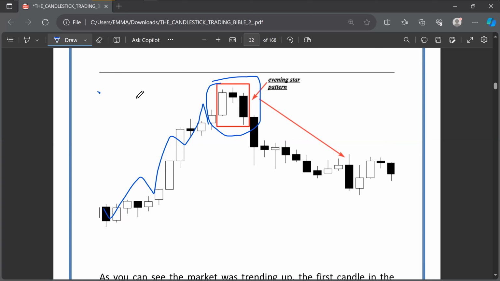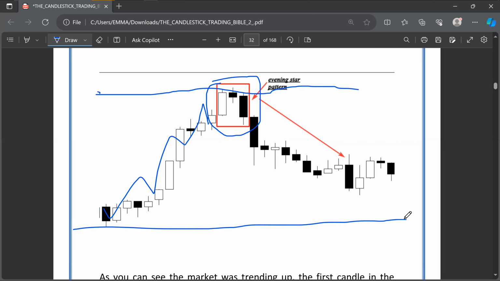Always try to draw your resistance and support levels, right? We also look at another one called trend lines. It can also help you know your support and resistance, right? So you move upwards, and then until this one is formed, the market changes direction to this point. That is it.